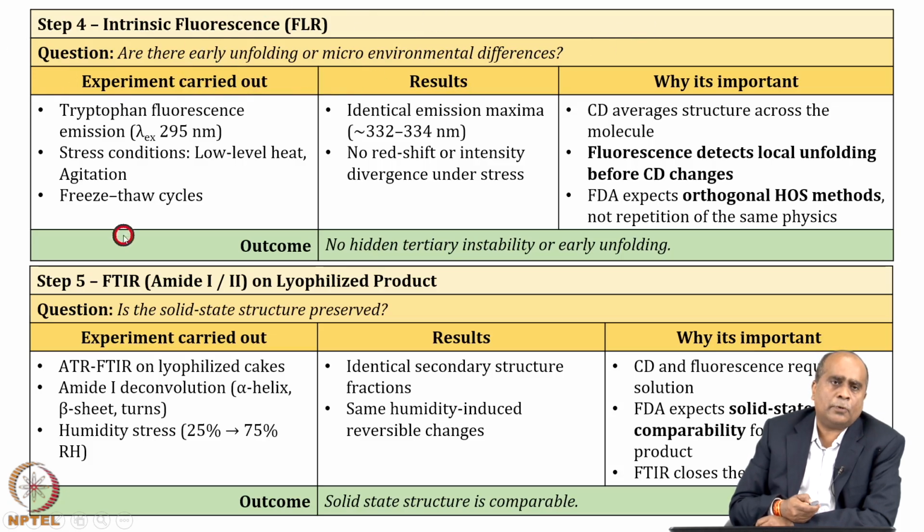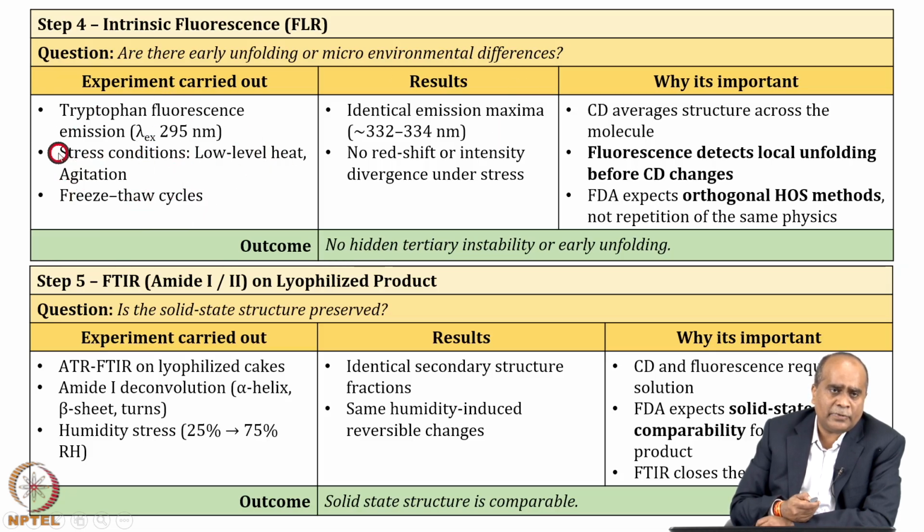As we know, fluorescence is sensitive to the environment. So, we are measuring the tryptophan fluorescence, exciting at 280 or 295, and we can also apply stress conditions where low level heat, aggregation or freeze thaw cycles are there. If we put on a stress and the structure changes, you can detect it using fluorescence.